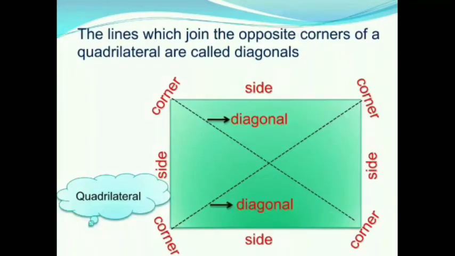The lines which join the opposite corners of a quadrilateral are called diagonals. These diagonals divide the quadrilateral into four parts. See, these are sides. A quadrilateral has four sides. These are the four corners.